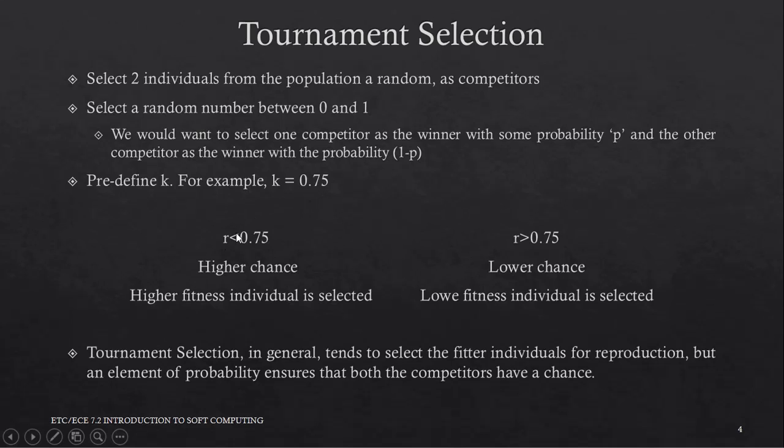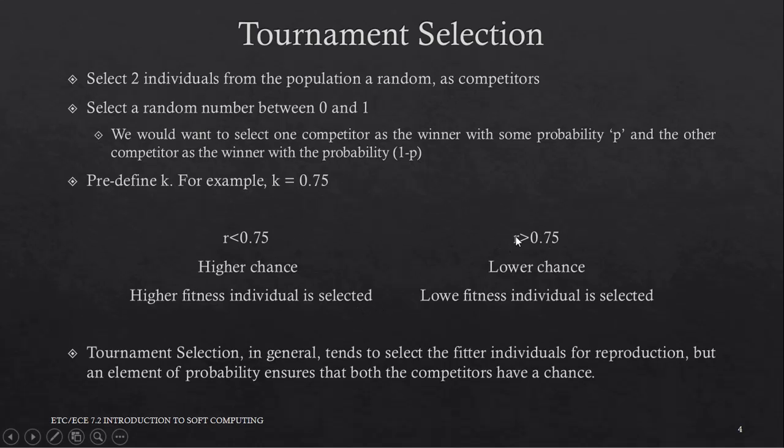As you can see, the random number R is compared with 0.75. We know that there are more chances of R being less than 0.75 and less chances of R being greater than 0.75. So if R is less than 0.75, which is very likely, the higher fitness competitor is declared as the winner.